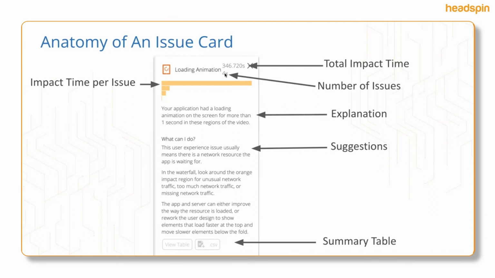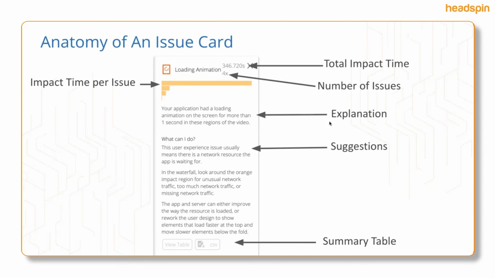So if this is one issue that's persisting for a very long time, then maybe you have just one really critical issue. If you have many issues, we just show the impact time and the total number of issues. And you can see the impact time per issue highlighted in this bar chart.